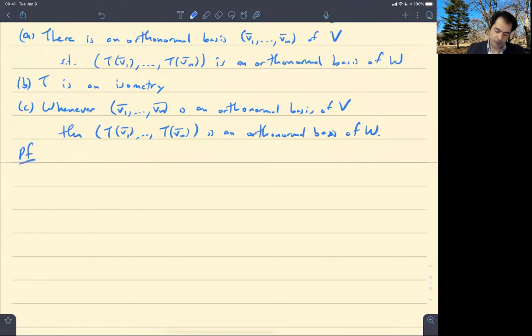Okay, so let's prove this. So we want to show that these statements are equivalent. So we're going to show that A implies B, which implies C, which implies A. So then if any one of these statements holds, they all hold.